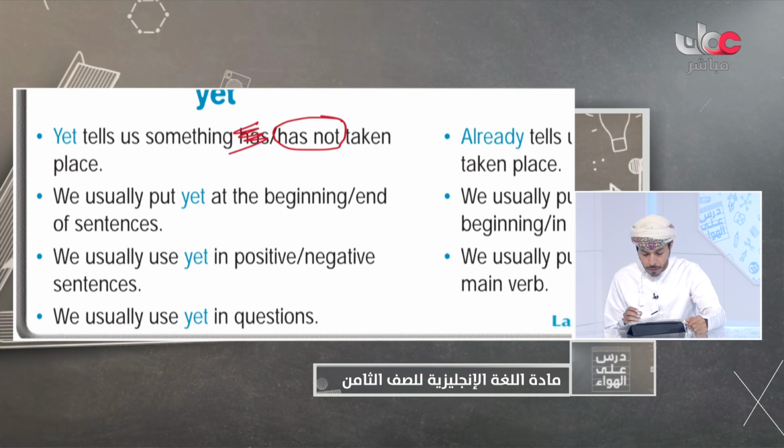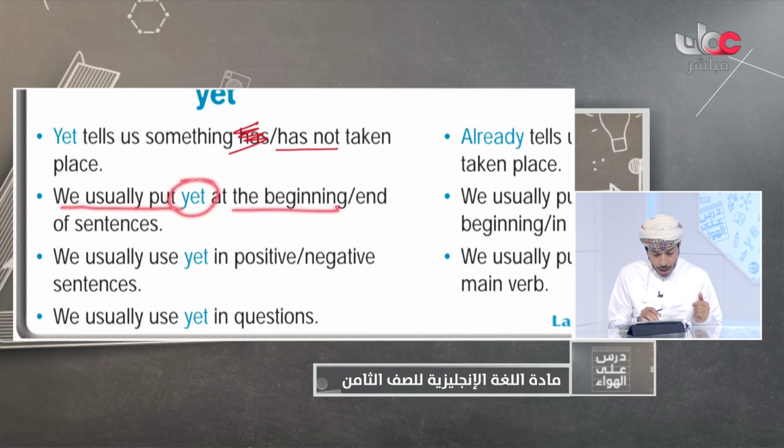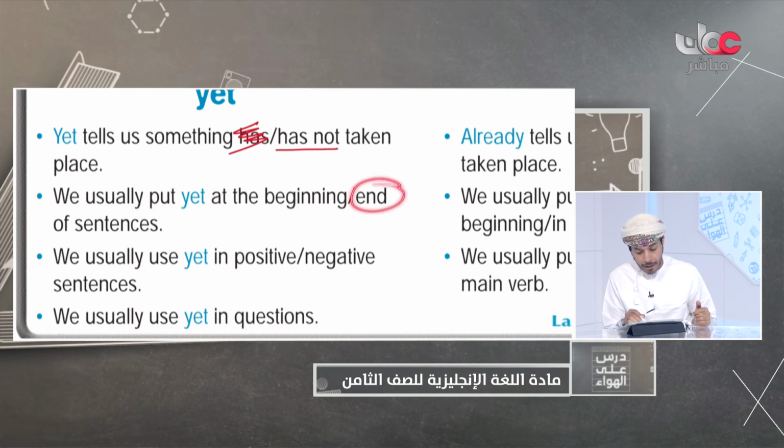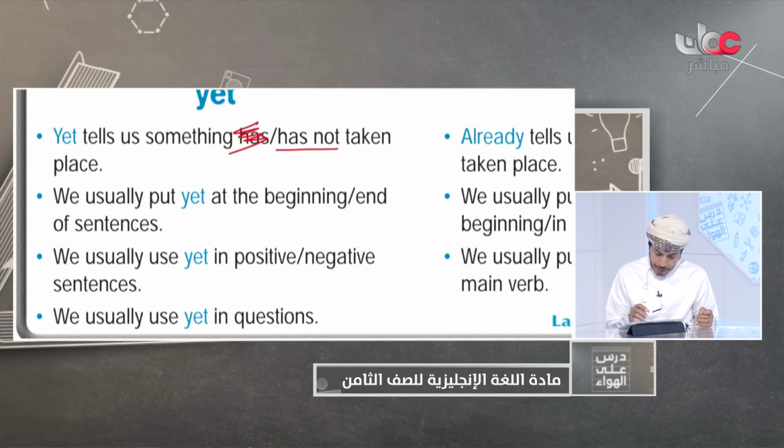Good? So you need to underline the answer in this way: has not taken place. Also, we usually put yet at the beginning or at the end of sentences. Of course, we use yet at the end, so the answer is end, not the beginning.